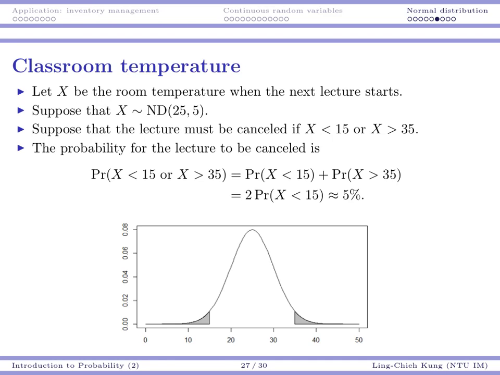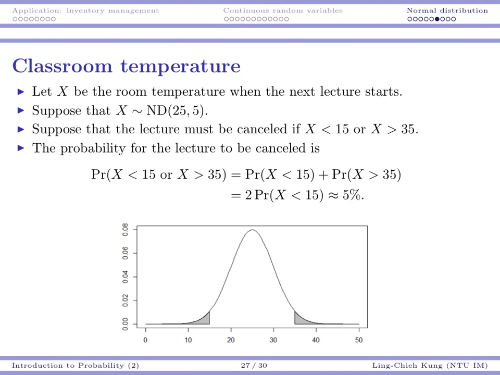As an example, suppose the lecture would be cancelled if X is too small or too large. Okay, we cannot have lectures in a very hot or very cold room. So let's assume we have the rule imposed by me. And then the probability for the lecture to be cancelled would be an important message to you, right?